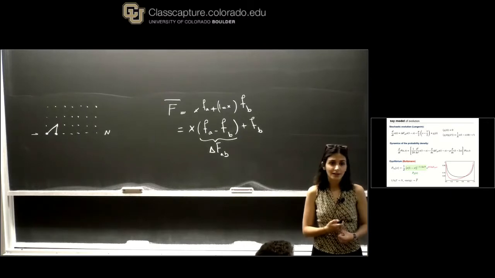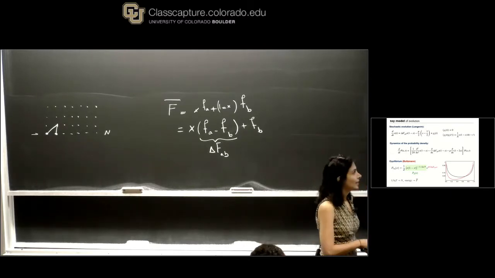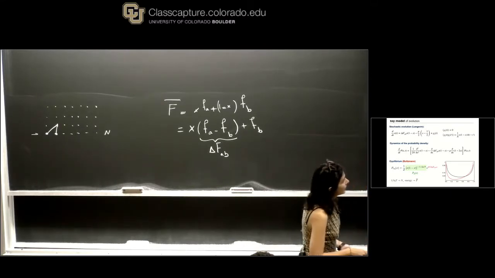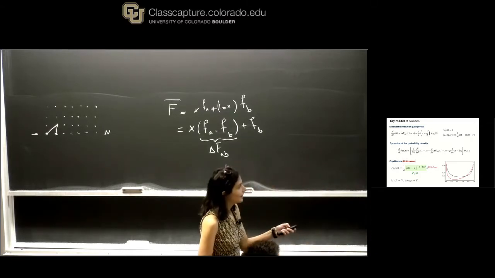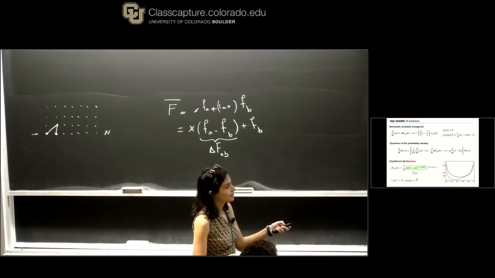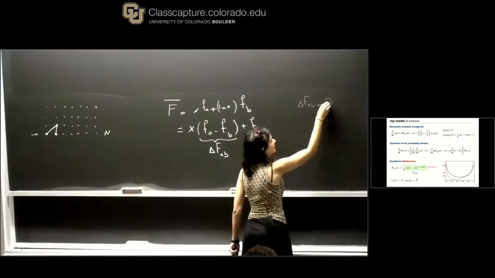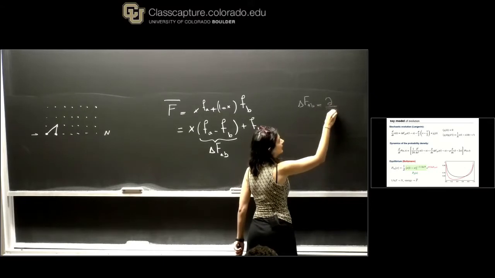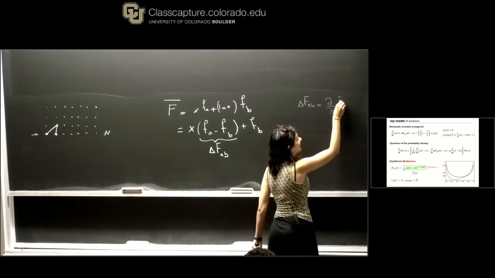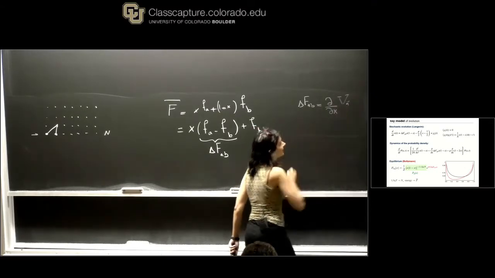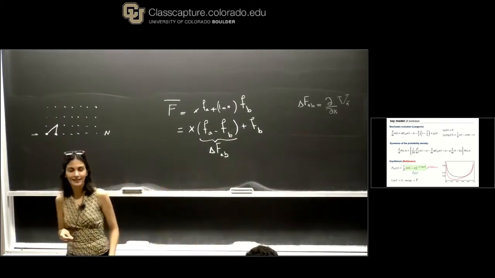So now you can think of this as: if your fitness is a derivative of some potential function, if my delta fab is a derivative of some potential function V, right?